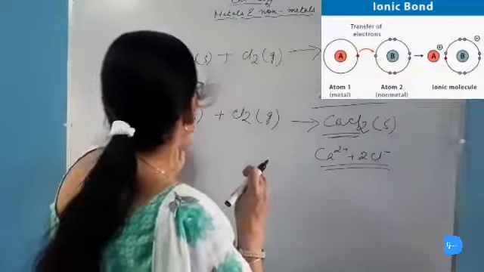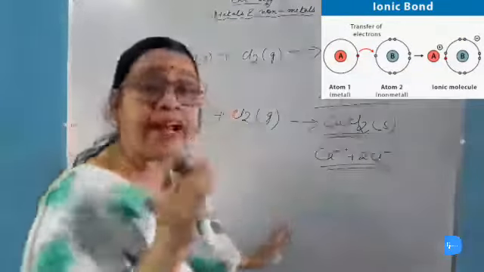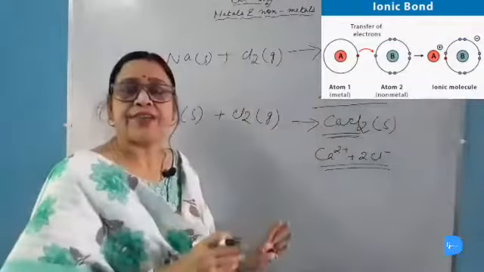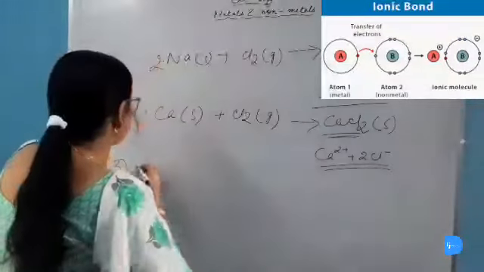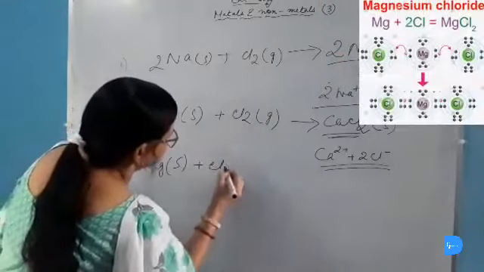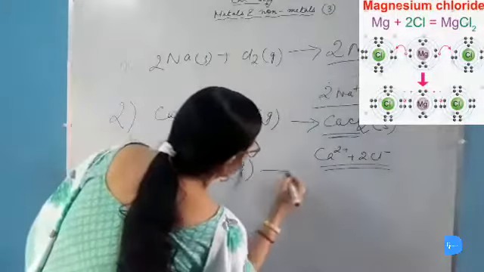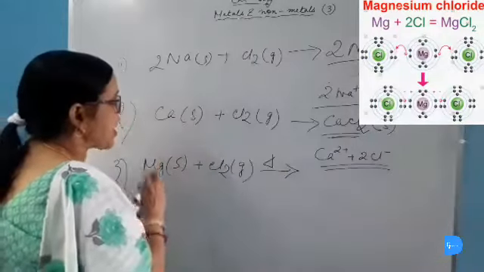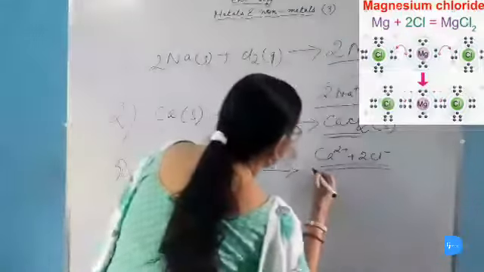After calcium, when metal reacts with chlorine, then heat is required. Up to calcium, no heat is required. After calcium, heat is required. For example, when heated magnesium reacts with chlorine, it gives magnesium chloride.